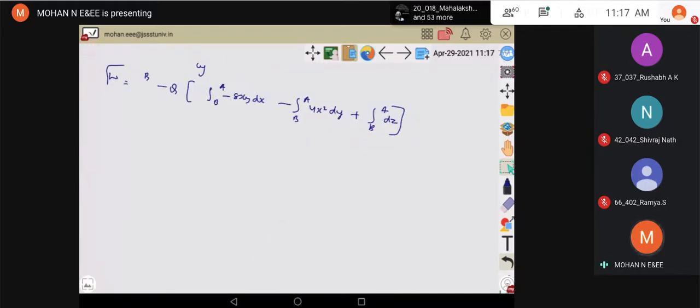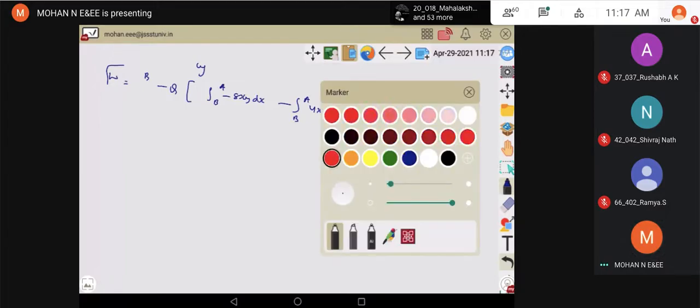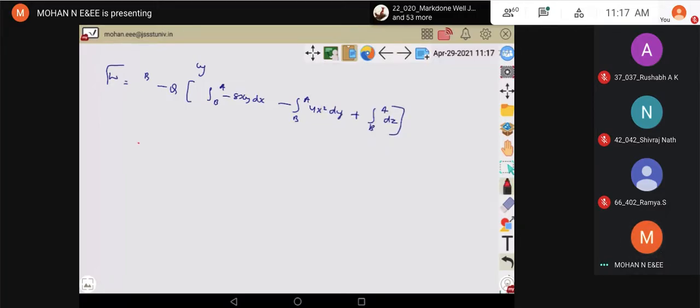Okay, now let me simplify. So we have got the expressions now. The limits we also know: x limits, y limits, and z limits from the coordinates. And we have the expression y is equal to 3x square plus z, but z is given, it is x plus 4.